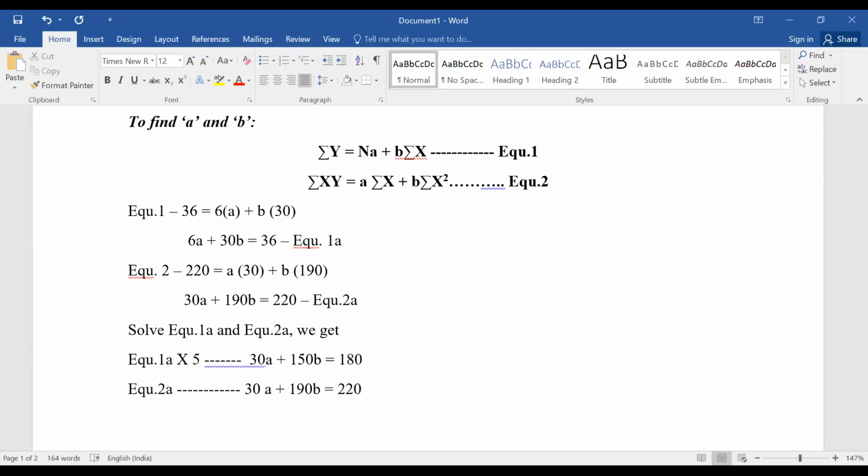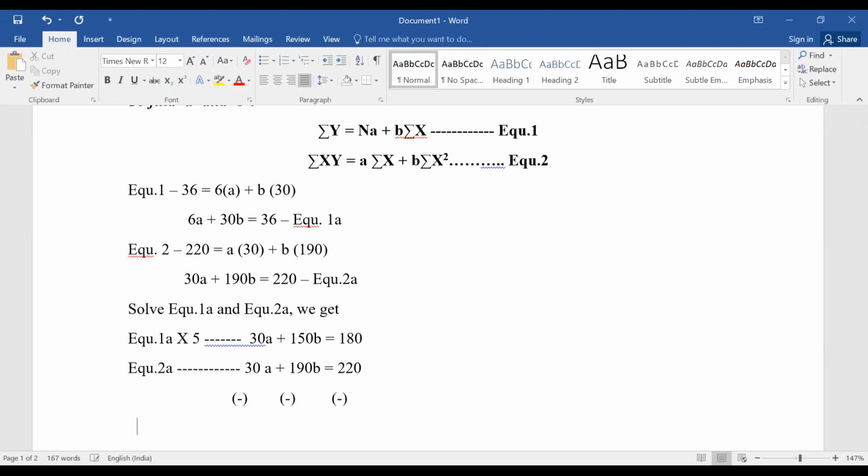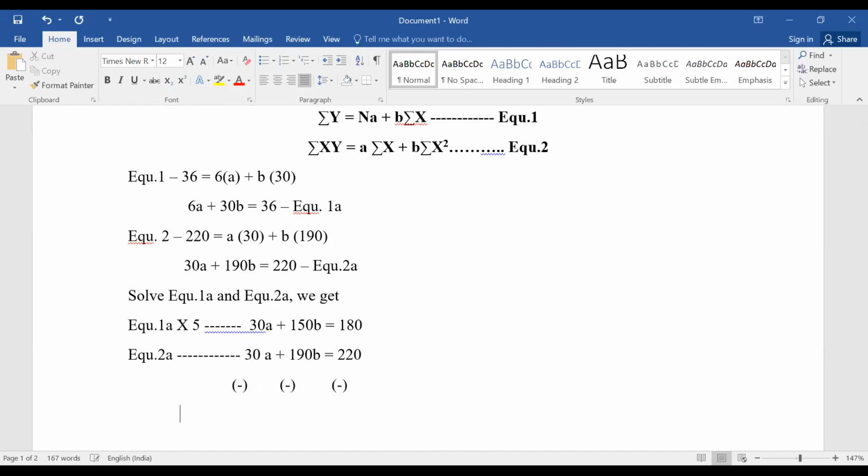Now you solve these two equations. If you change the signs here, this will become minus, and this also will become minus, and this also minus. So plus 30a minus 30a will be cancelled, and you will get minus 40b equal to minus 40.